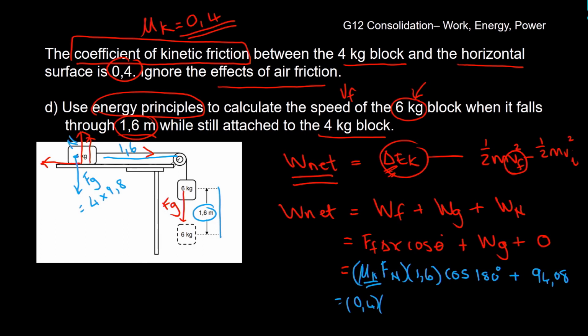So the normal force is going to be 4 times 9.8 times the displacement times cos of 180 degrees, and that 180 degrees tells us what the direction of the force is going to be. It gives us the negative value. We don't have to put in the negative value.